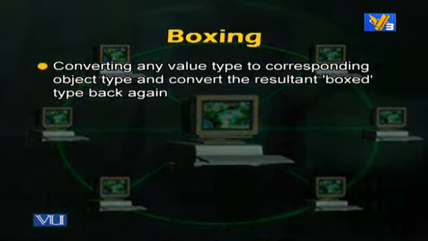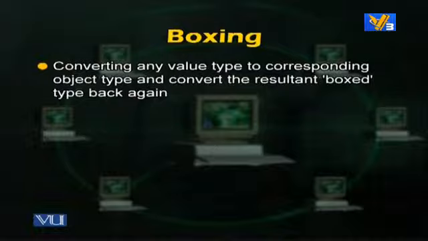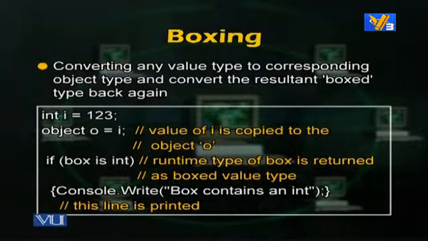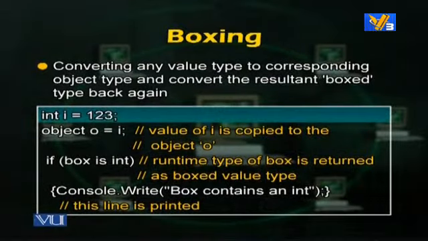Boxing is converting any value type to the corresponding object type, and converting the resultant box type back again if needed. So let us assume that we have int I is equal to 123. Now since this variable I is of type int, this is a value type.